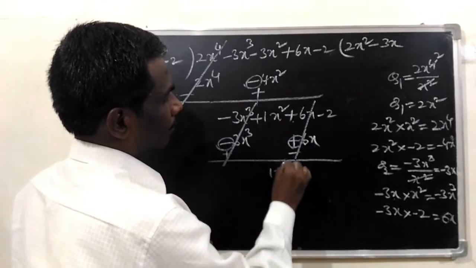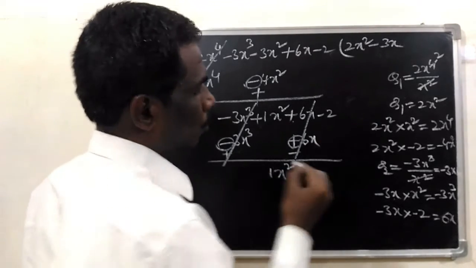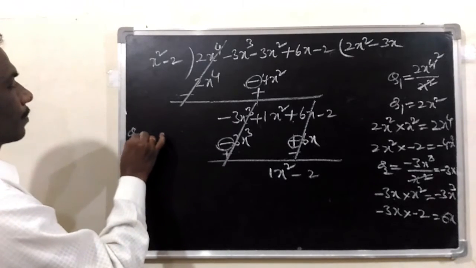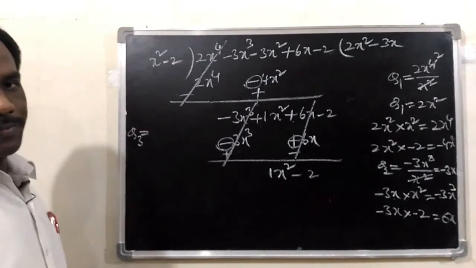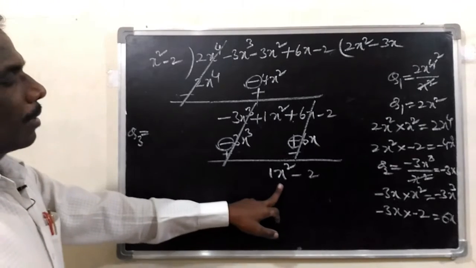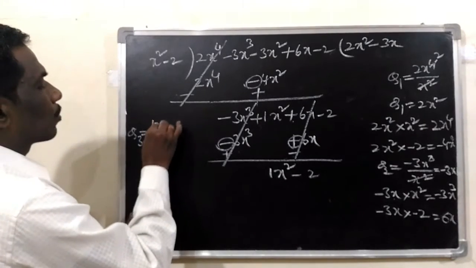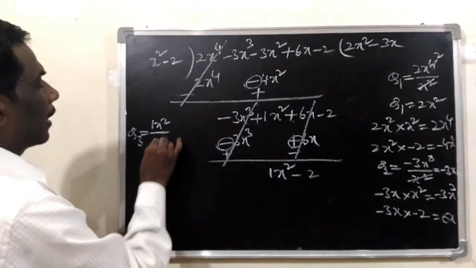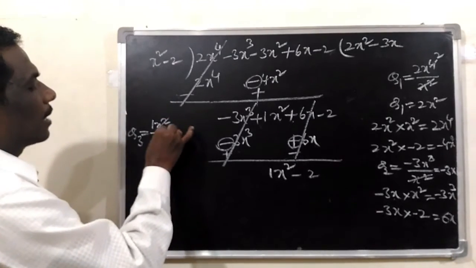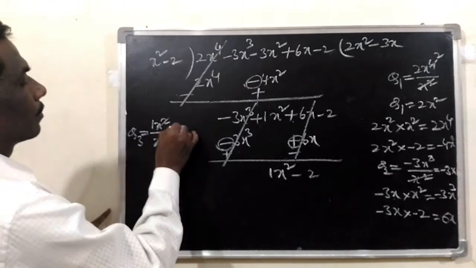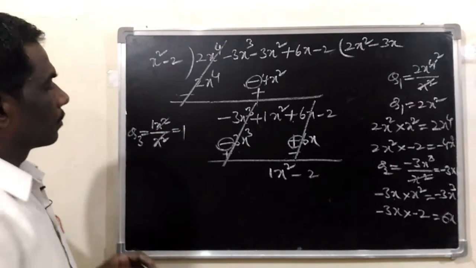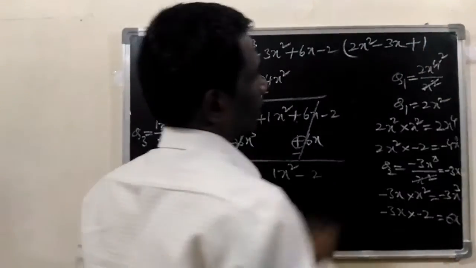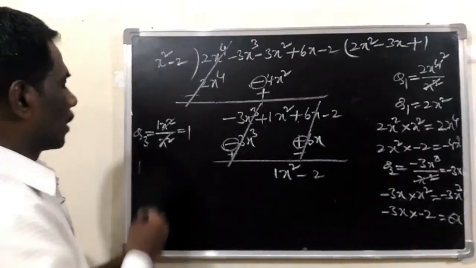1x square minus 2. Next, take the third quotient. For the third quotient, the first term of the dividend, 1x square, divided with the first term of the divisor is what? x square. Cancel x square, x square. We get 1. So plus 1 is the third quotient.